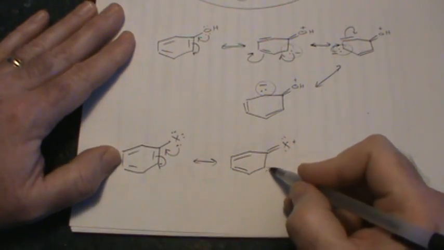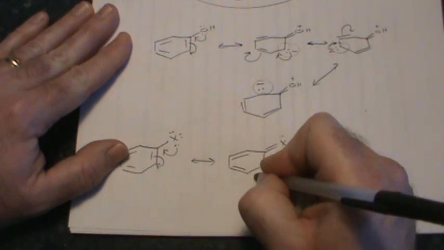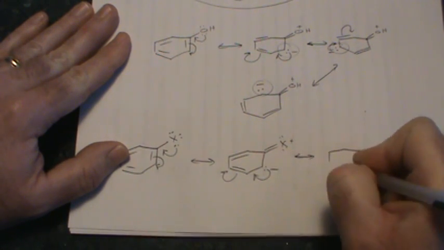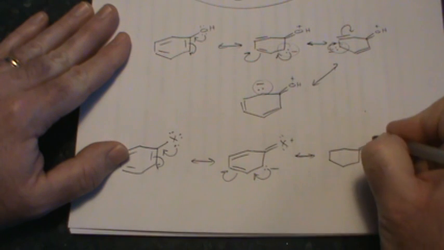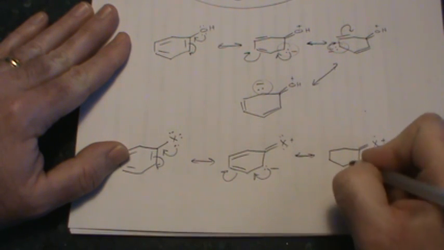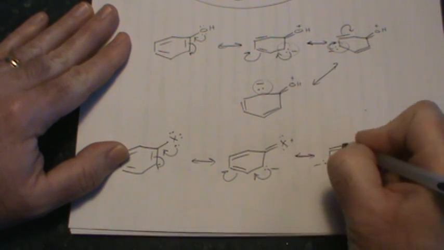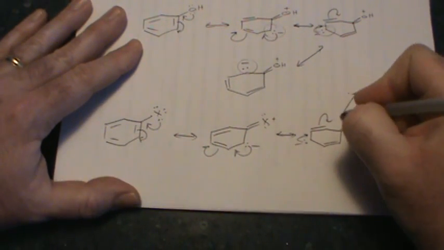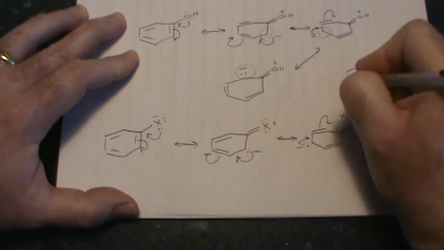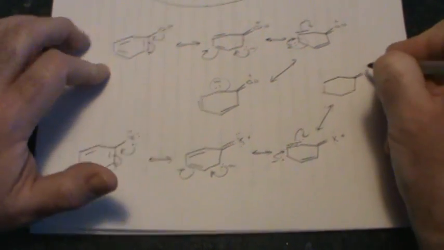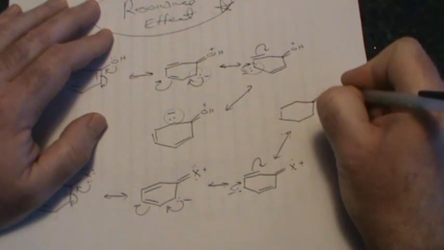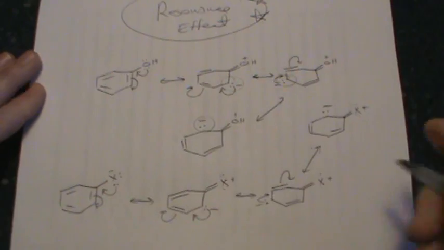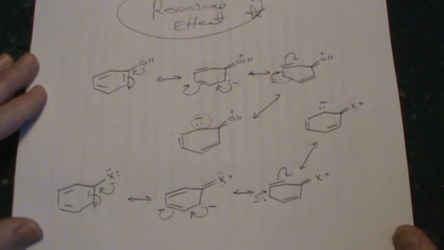Here I have a lone pair and a negative charge at the ortho position. I can further delocalize to the para position. And finally, I can delocalize over to the other ortho position. These resonance forms look exactly like the resonance forms I had for phenol.